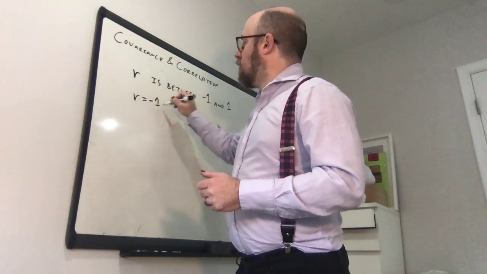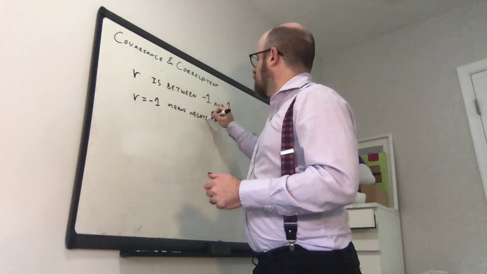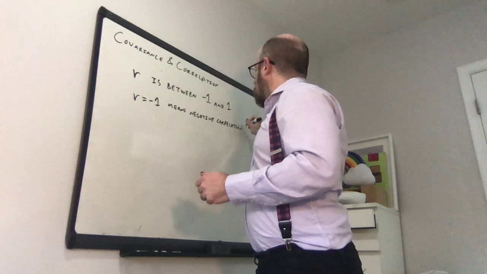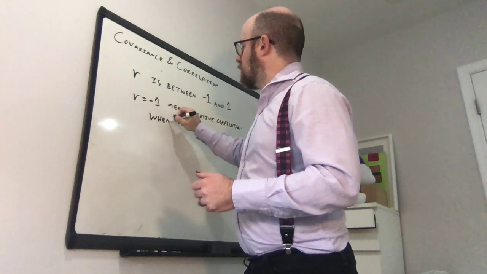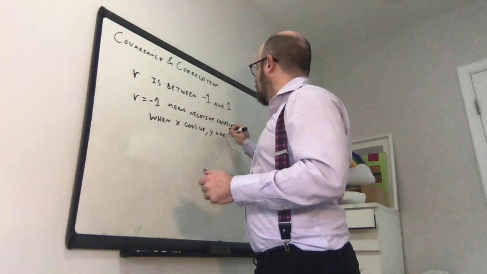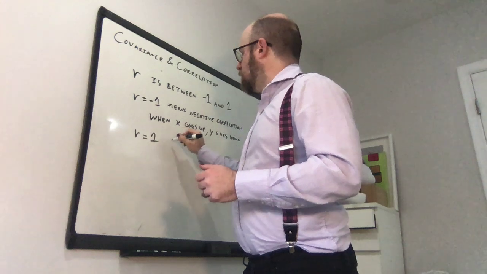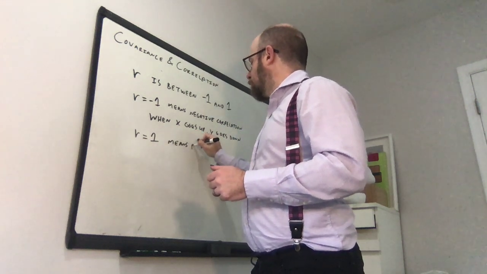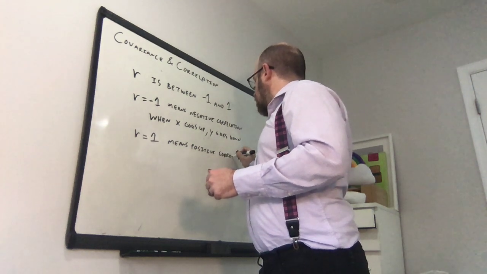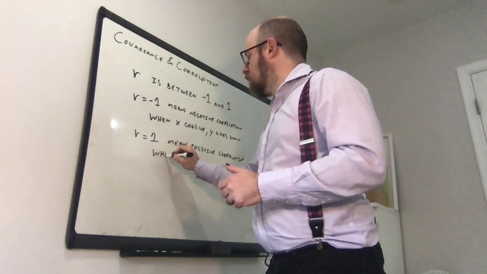R equals -1 means negative correlation: when x goes up, y goes down. R equals 1 means positive correlation, which is to say when x goes up, y goes up.